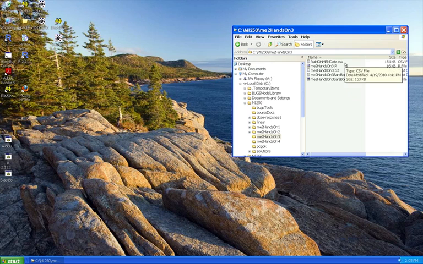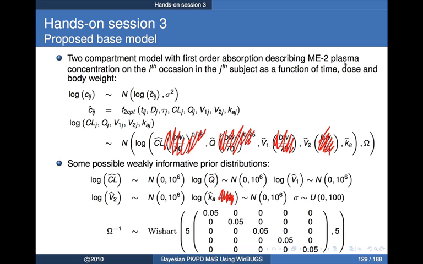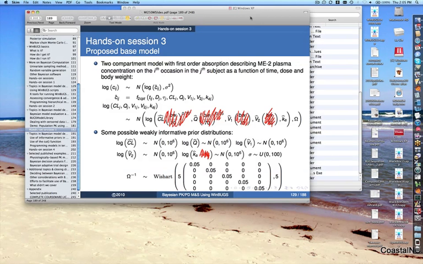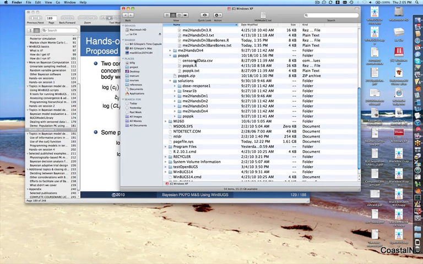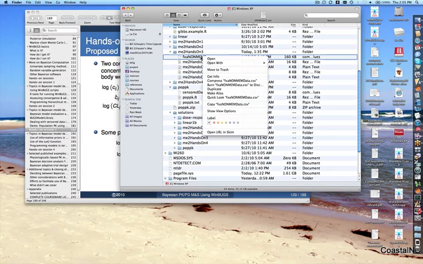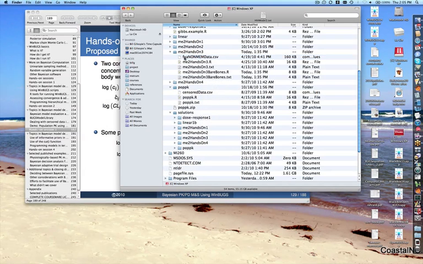Also, let me remind you what the data looks like here. Let's shrink this thing here, and let me open up hands-on 3. Let me open up the data set. It's called FXA non-memdata.csv.